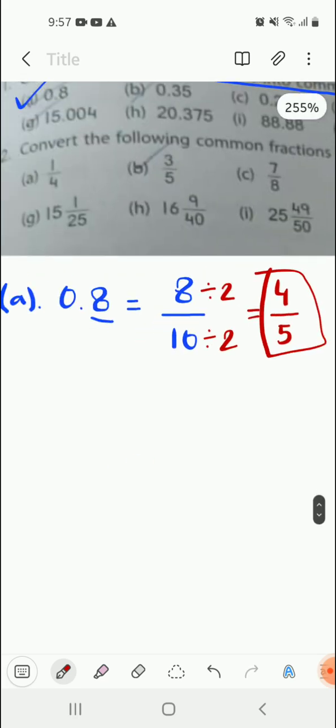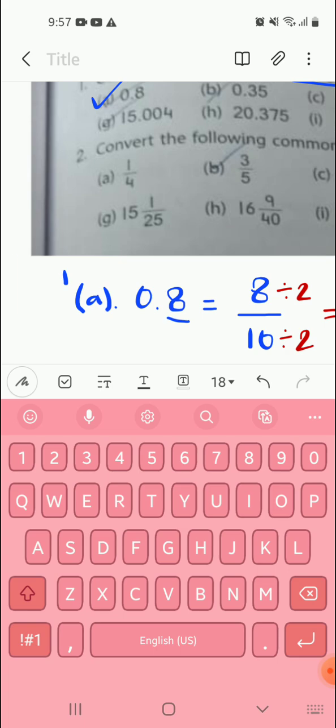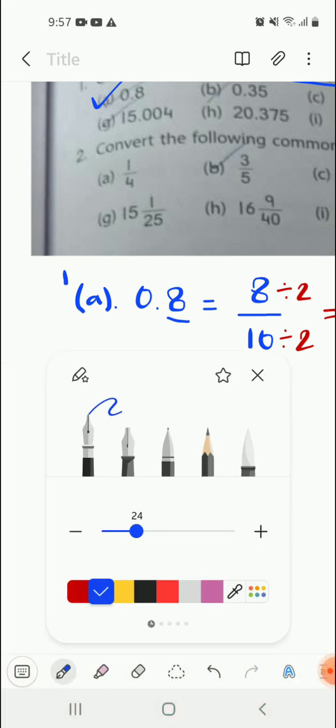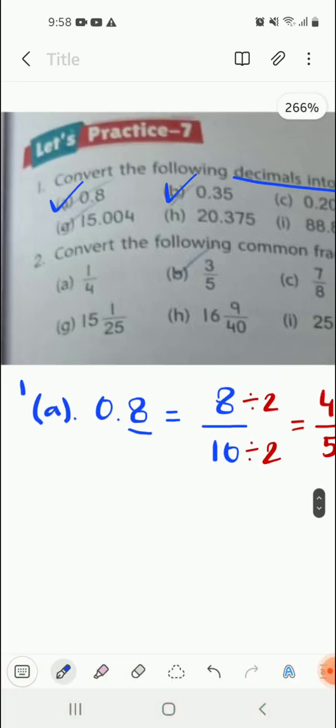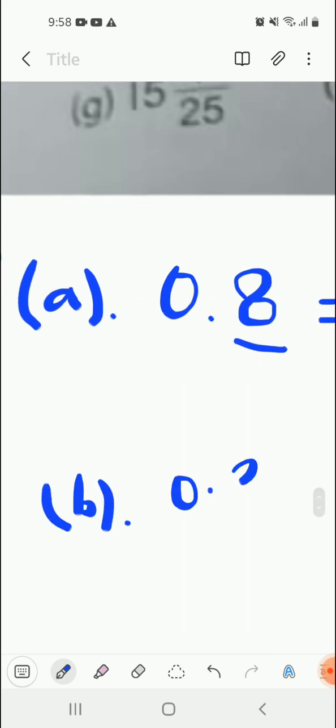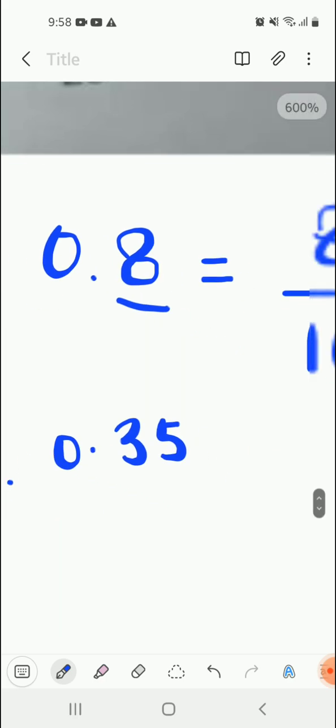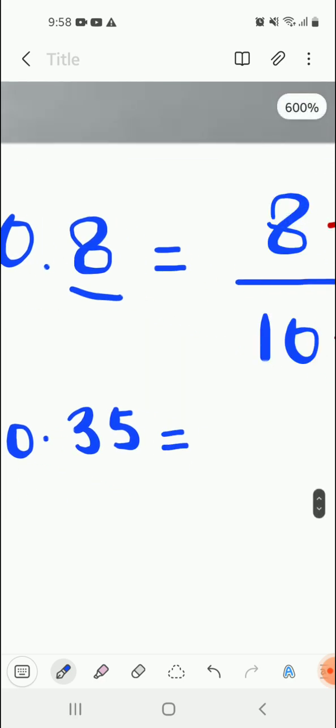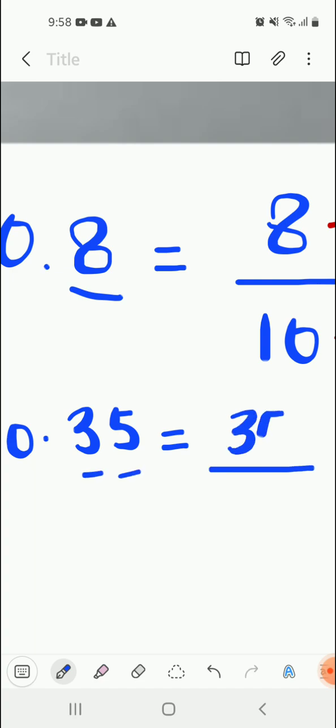Moving on, next, number B. We have got 0.35. First step is we need to write this number as a fraction. So 35, that is 2 decimal places. So we are going to write 35 and then 1 with 2 zeros.